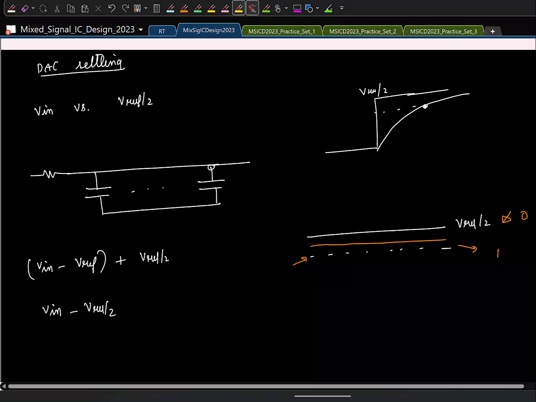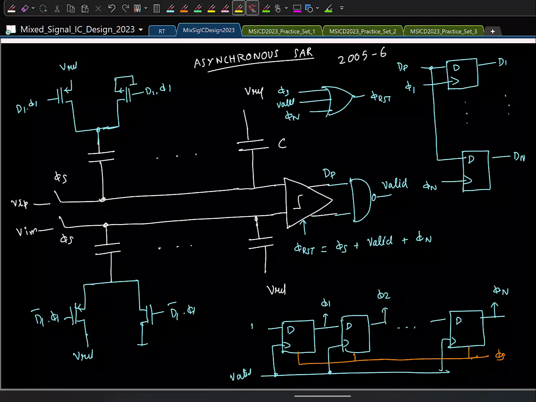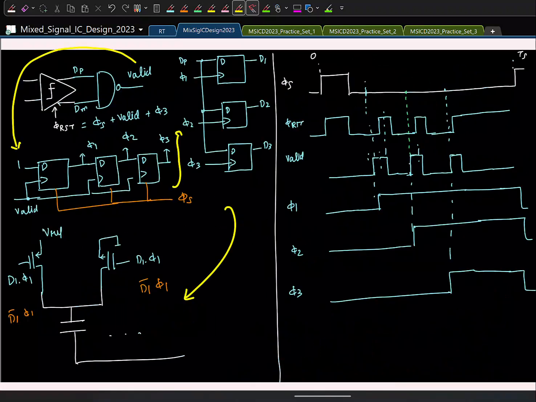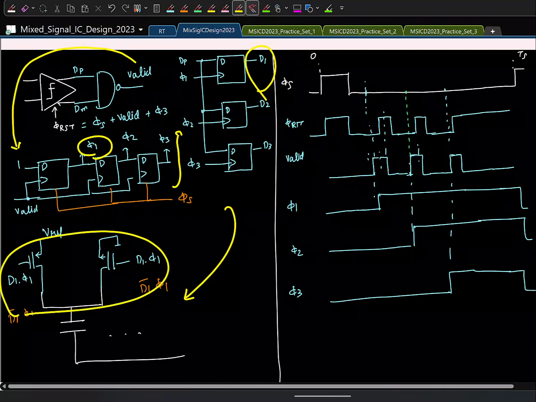And this actually could be a problem in asynchronous operation, because we are doing it in an asynchronous fashion. So first we generate a valid signal, and then using the valid signal you generate these clocks and save the data, and then you switch the capacitors here. And remember, in parallel the valid signal is also used for resetting the comparator.